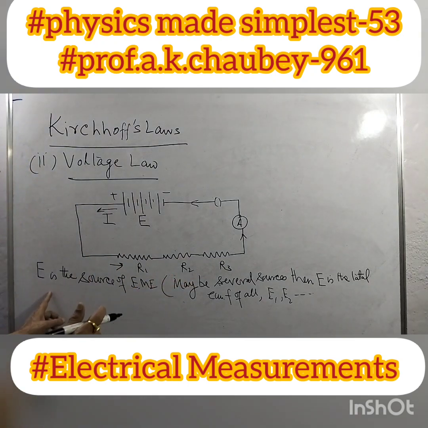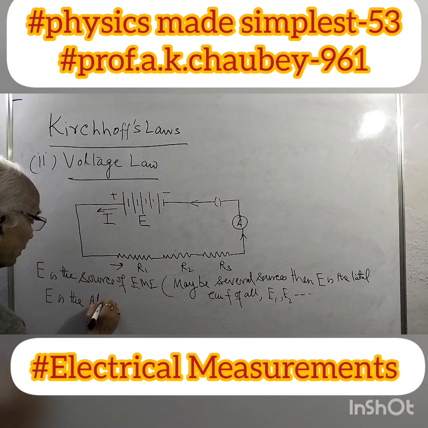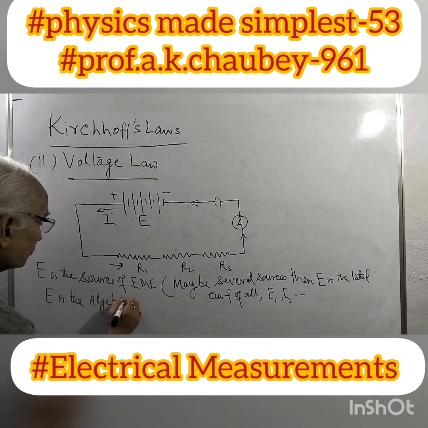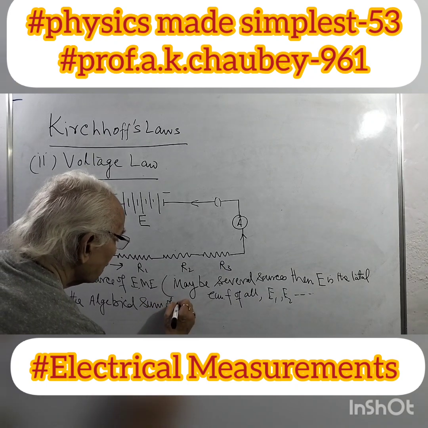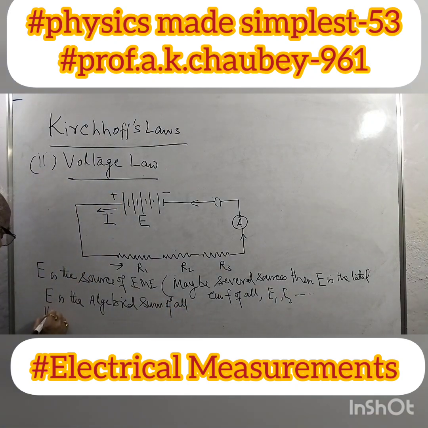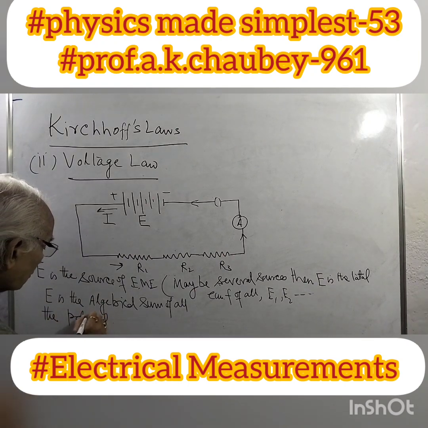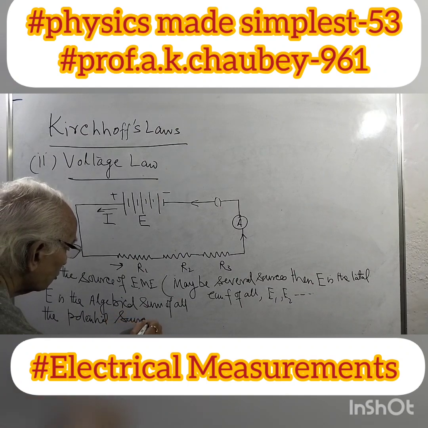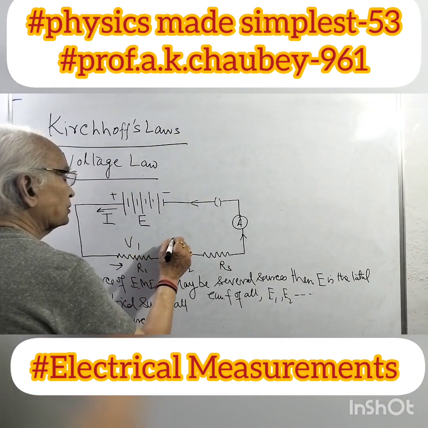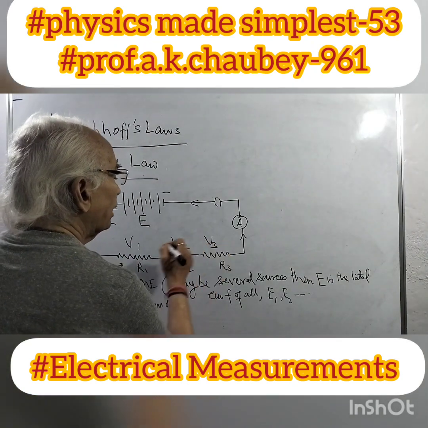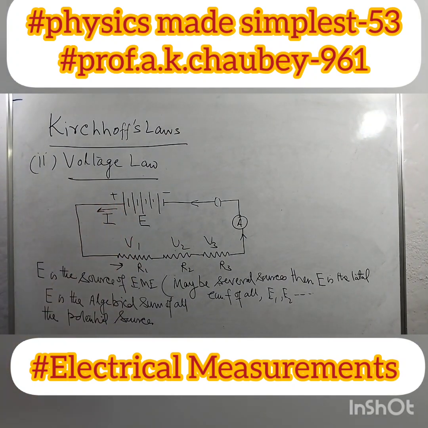So E is the algebraical sum of all the potential sources. And V1, V2, V3 are the potential drops across the resistances.